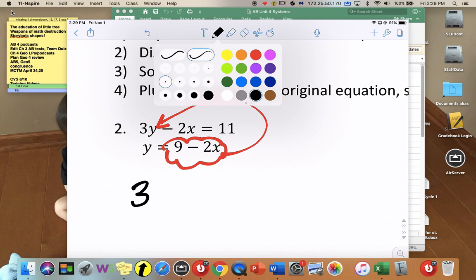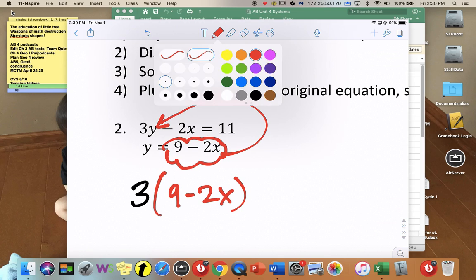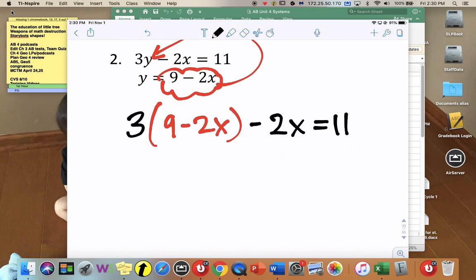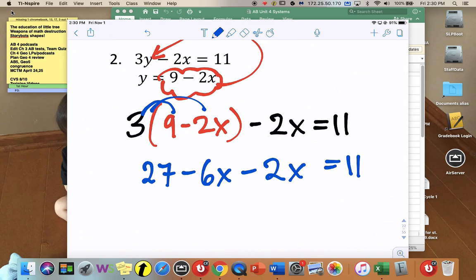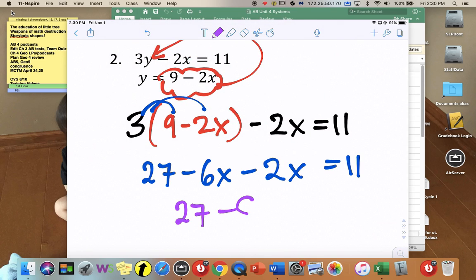Here's what it looks like. 3, and then we're going to plug in 9 minus 2x. And then we're going to rewrite minus 2x equals 11. So there's the plugging in. Now we're going to solve. So we'll distribute. We get 27 minus 6x minus 2x equals 11. So we have 27 minus 8x equals 11.